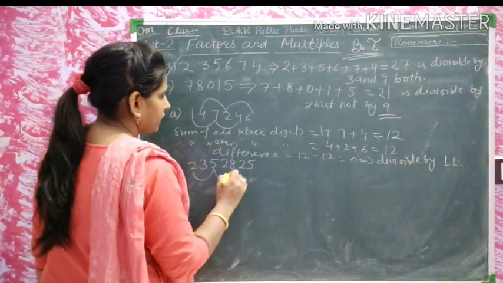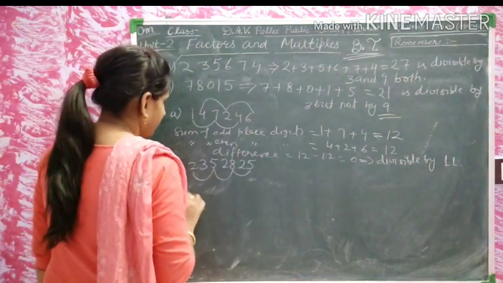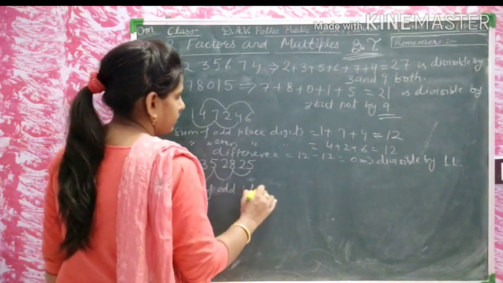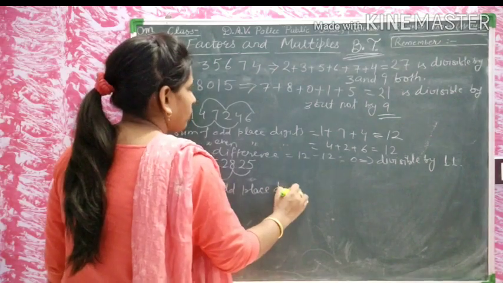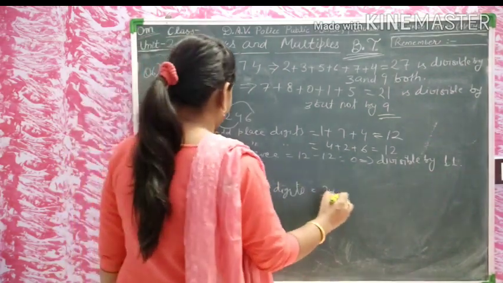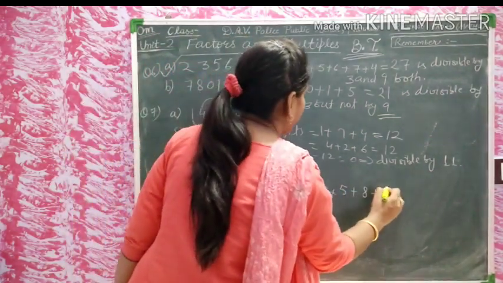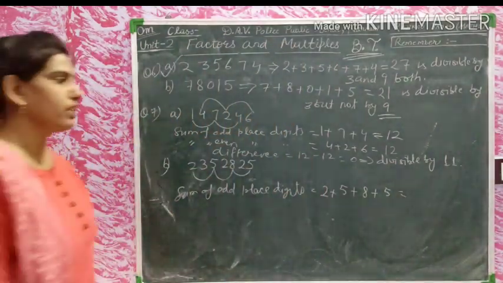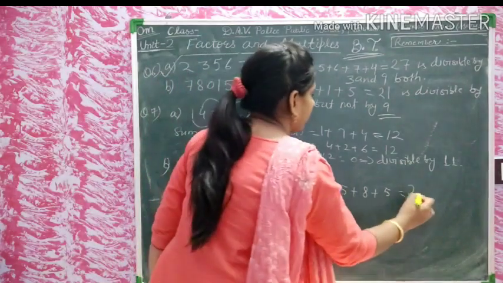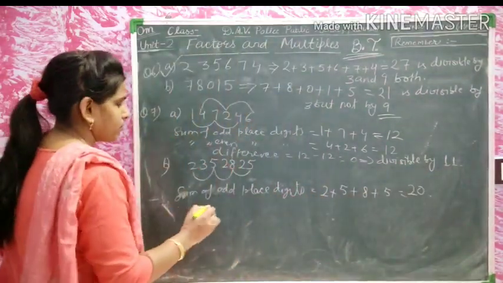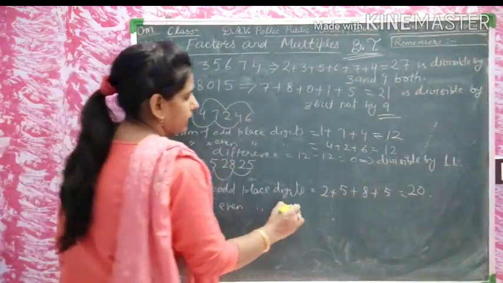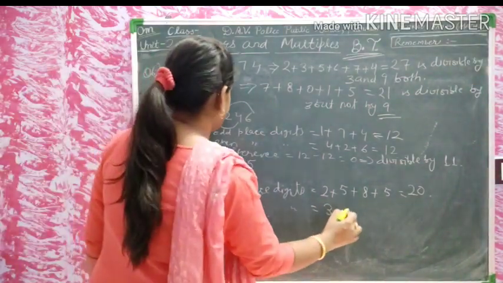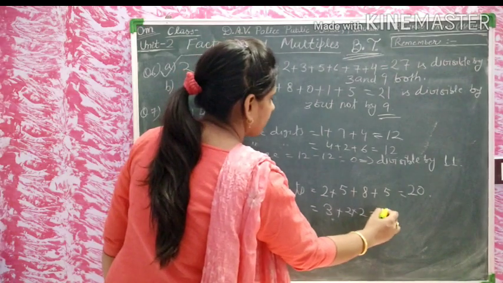Now there is part B, 2, 3, 5, 2, 8, 2, 5. Sum of odd place digits is 2 plus 5 plus 8 plus 5: 2 plus 5 is 7, 7 plus 8 is 15, 15 plus 5 is 20. And the sum of even place digits is 3 plus 2 plus 2, and that is 7.